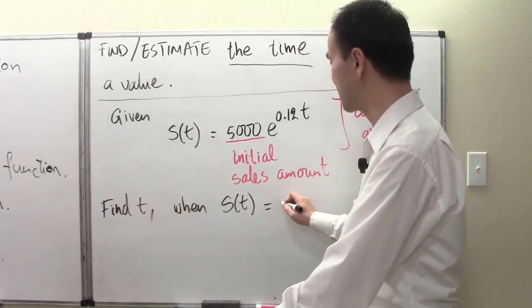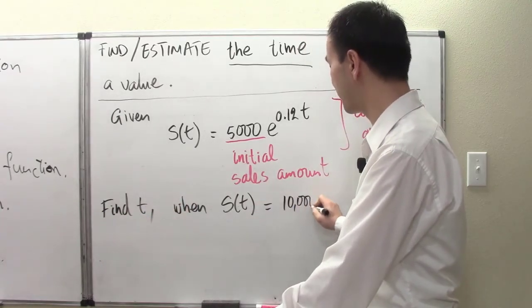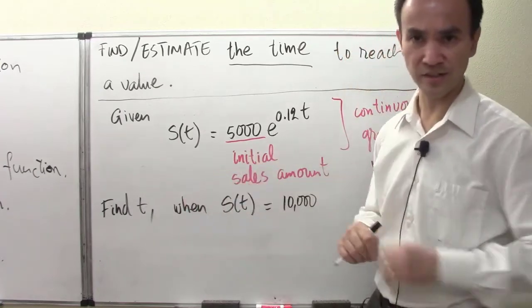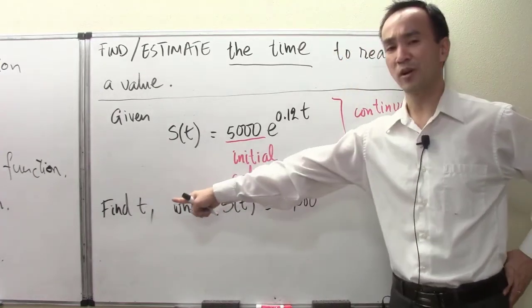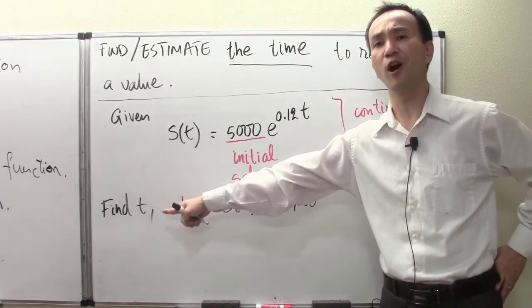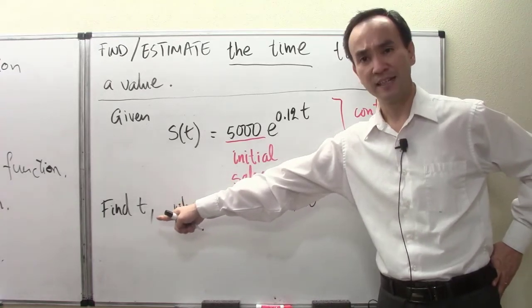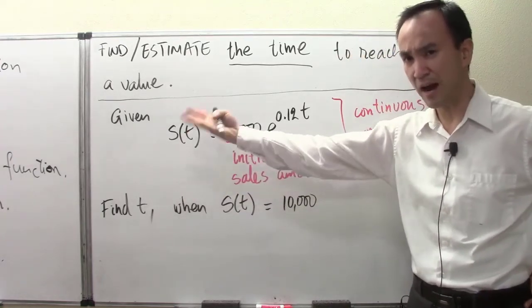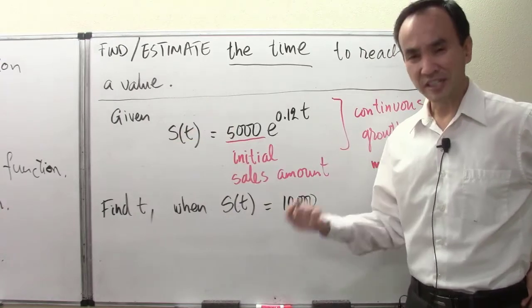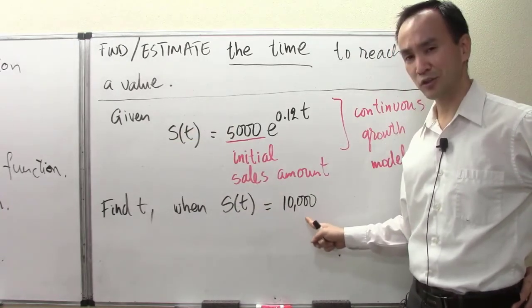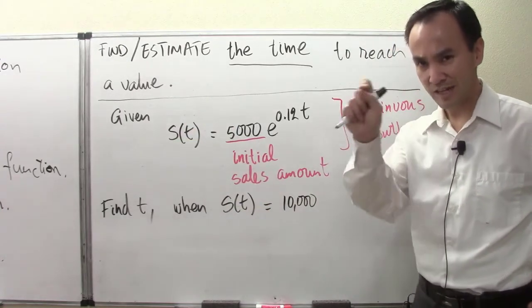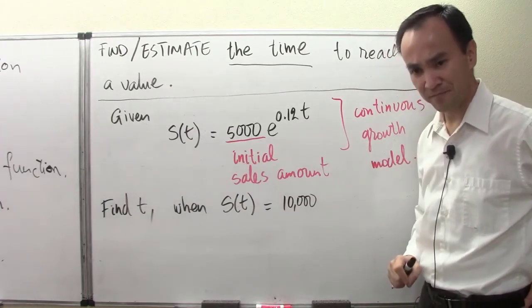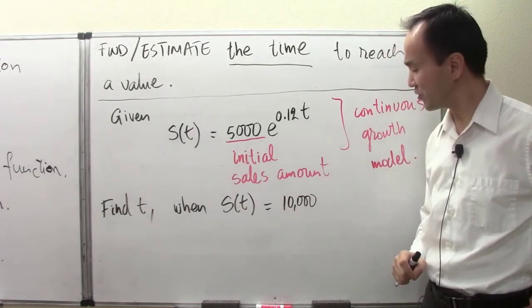That means it's 10,000, because initially it was 5,000 as a sales quantity. So we want to find out how long it takes, the value for t. About how many years will it take to reach a sales quantity of 10,000? That's what it is right there. How long does it take to double the initial sales quantity?